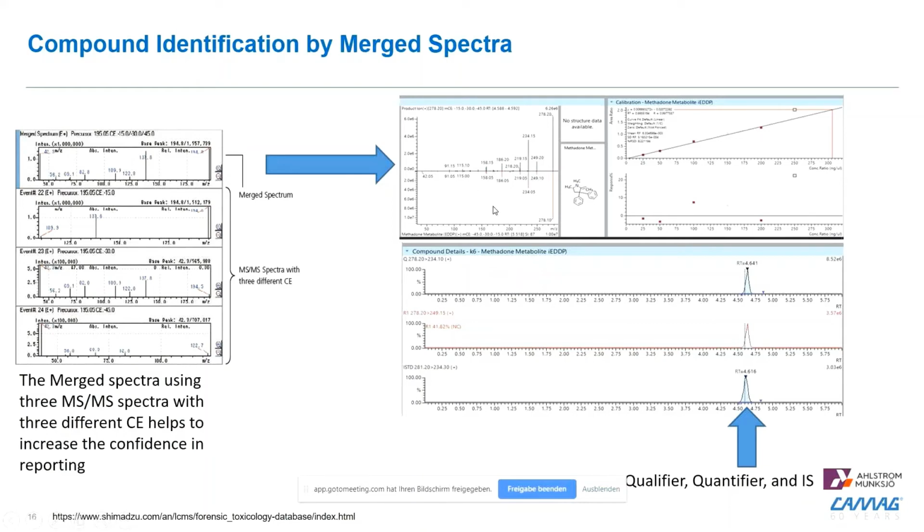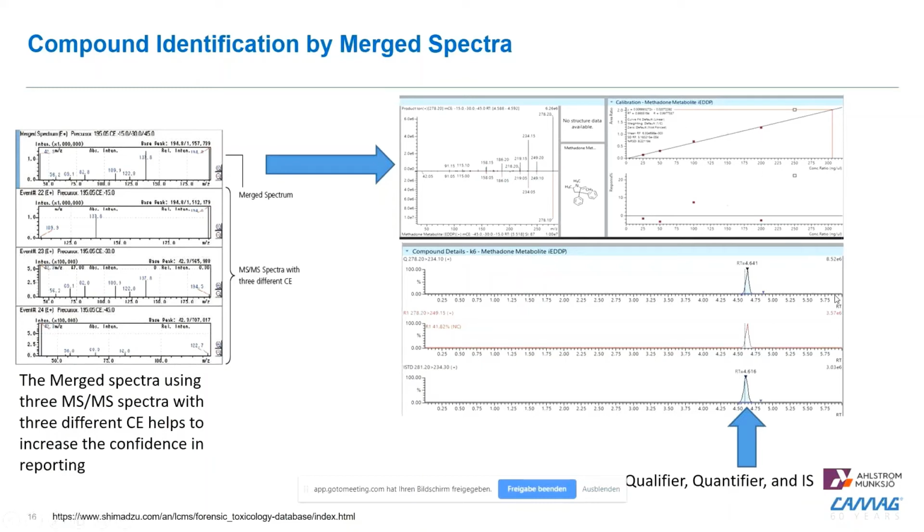You can then apply this butterfly spectrum, which gives you a similarity index to the library hit, which is saved in the background. If you use different concentrations in order to set up your screening, you can not only screen, but you can also get a very good estimate of the concentration which is present within your sample.